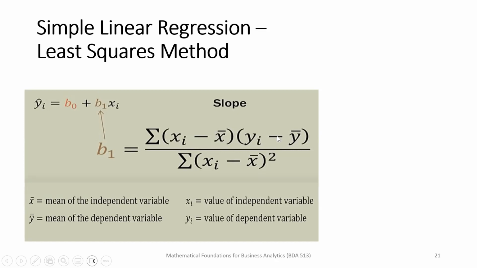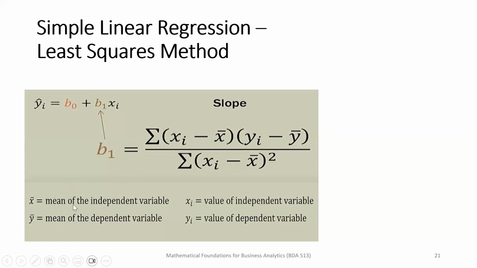We sum all of them up. So for both the independent variable and dependent variable, we find the differences, sum them up and then find the product of the two, and then we divide by the sum of squared errors for the independent variable.